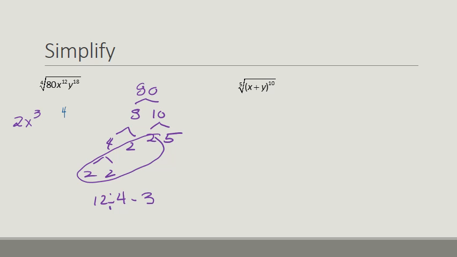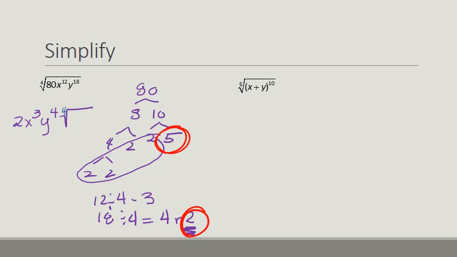So I've got x cubed that comes out, and nothing remains inside because there's no remainder. 18 divided by 4 is 4 with a remainder of 2. So my y to the 4th comes out, but you're going to have a y squared inside. We also have this 5 left over. So that's going to leave you with 5y squared on the inside, and that is simplified.